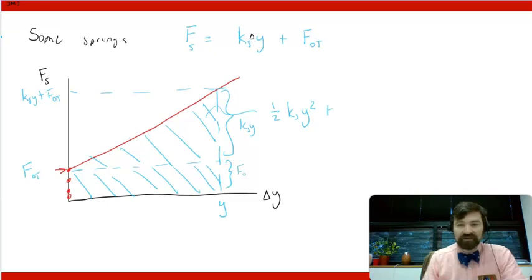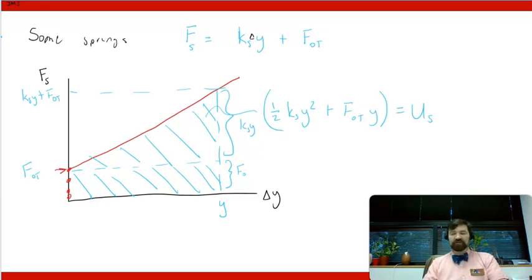So you'd have a plus F internal tension times y. So all of this is now equal to your spring's potential energy. Okay, so that's two basic types of potential energy that we're likely to encounter in an introductory physics course.